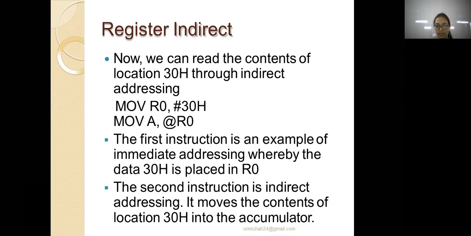The first instruction is an example of immediate addressing, whereby the data 30H is placed in the R0 register. The second instruction is indirect addressing mode. It moves the content of location 30H into the accumulator. So this is the difference between the two instructions.